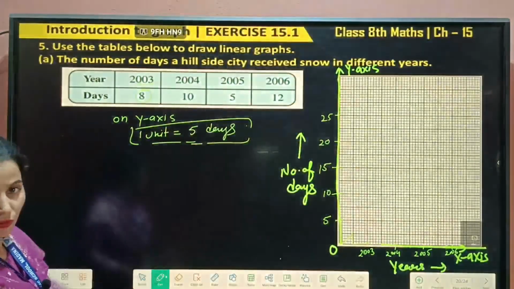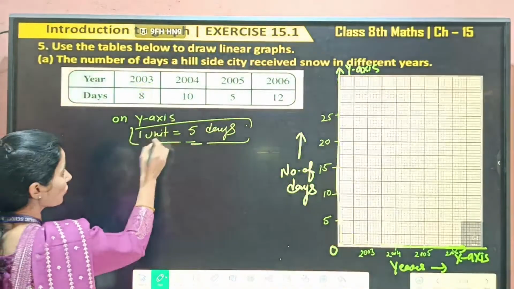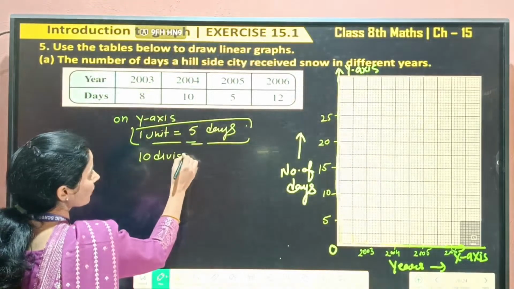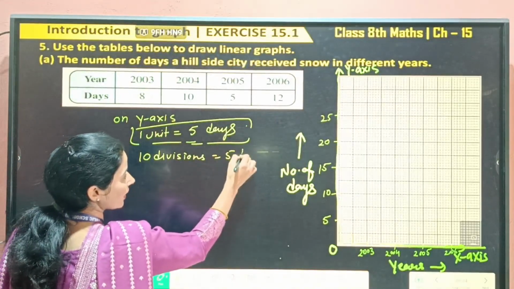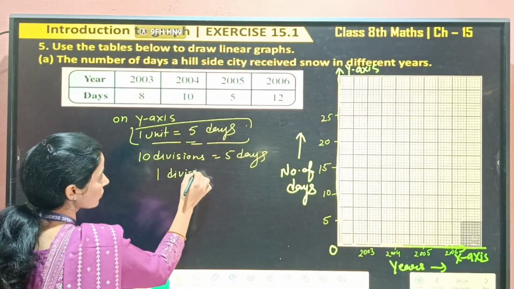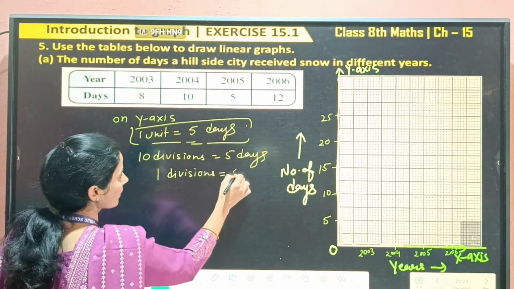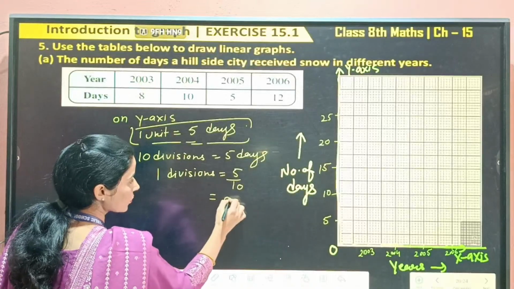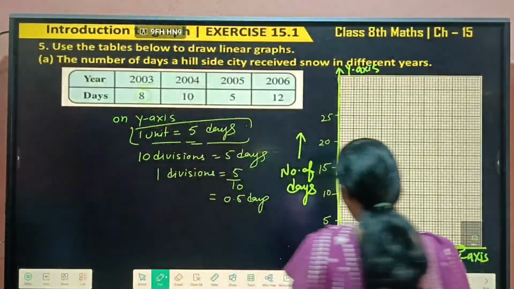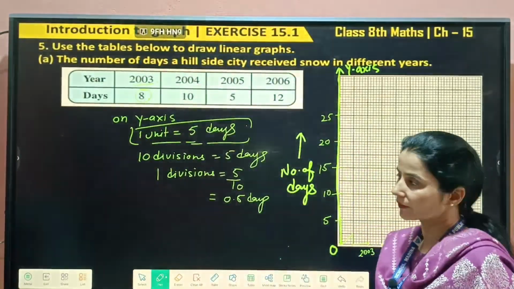One unit is equal to 5 days, and this 1 unit contains 10 divisions. 10 divisions is equal to 5 days. So one division we need to find out. To choose the exact scale, one division will be 5 by 10, that is 0.5 day. Means this one line will represent 0.5.